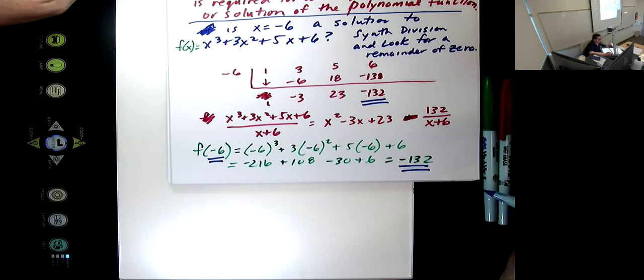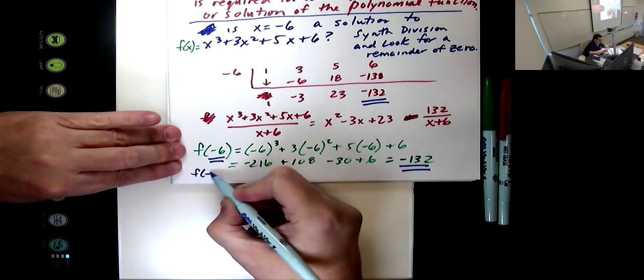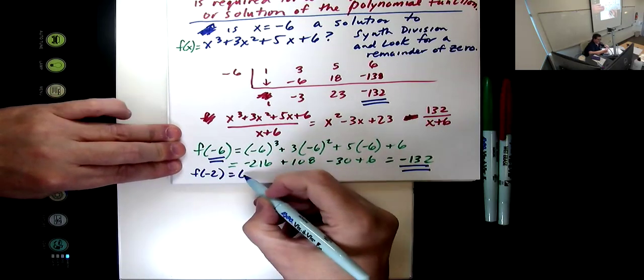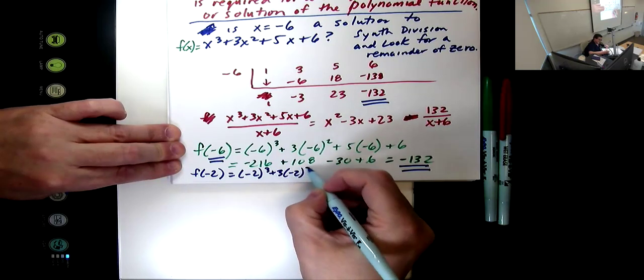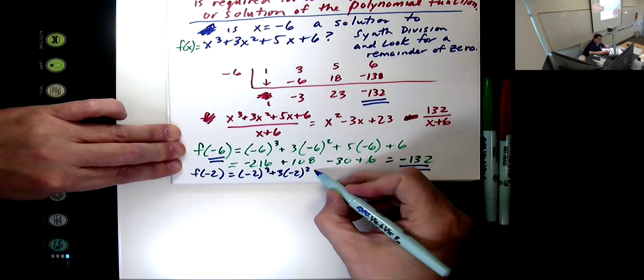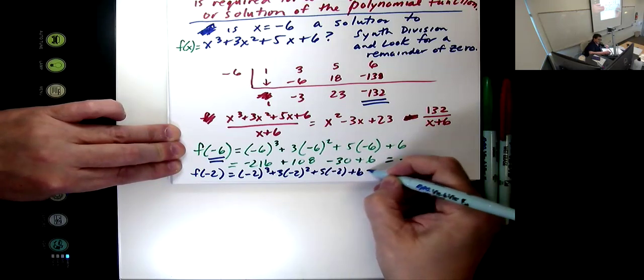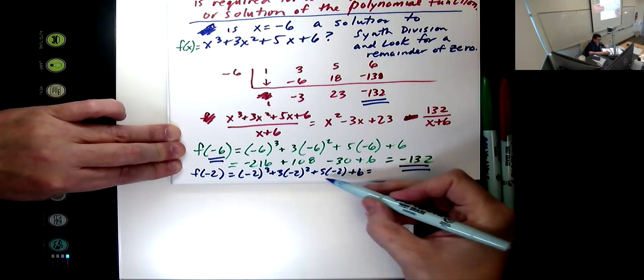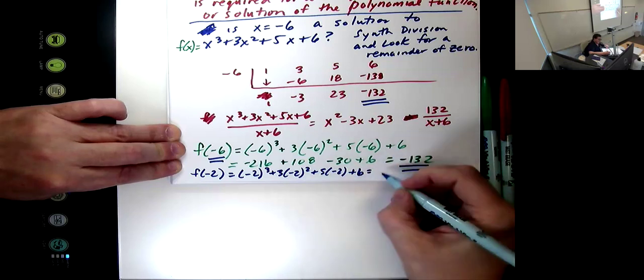do the same thing and plug in -2. What is f of -2? -18 plus 6 is -12 plus 12 is 0.